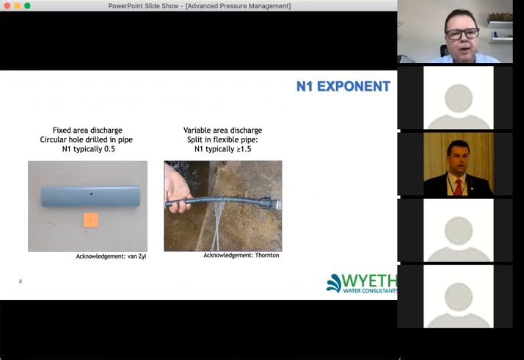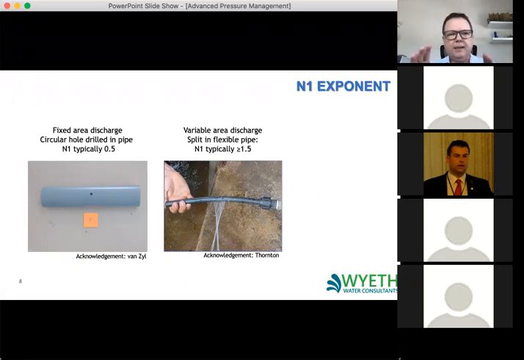But if we look on the right-hand side, we actually have other types of leaks, which we would call splits or cracks. And quite often we would see this in plastic pipes, AC pipes, where the pipe will actually split along the seam.